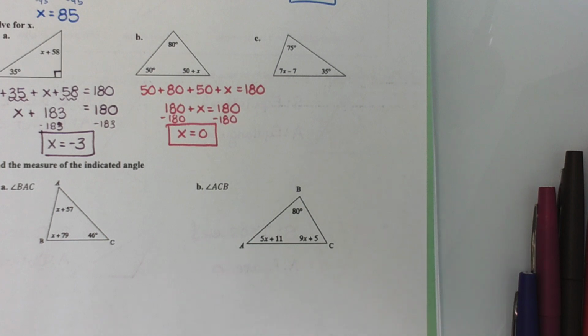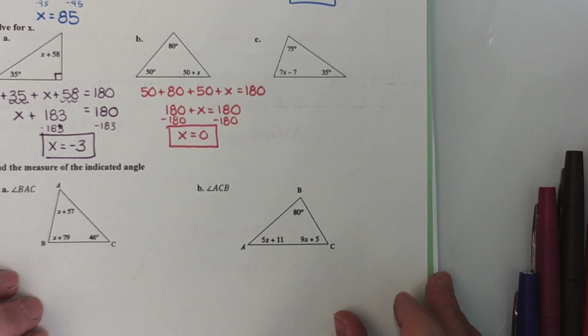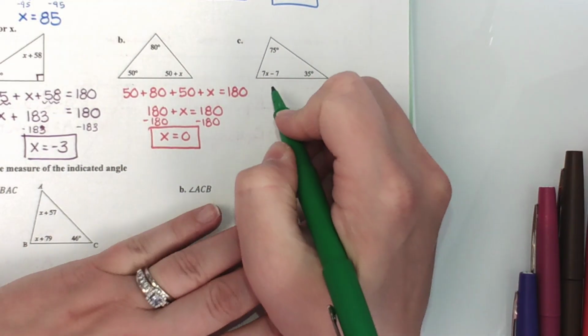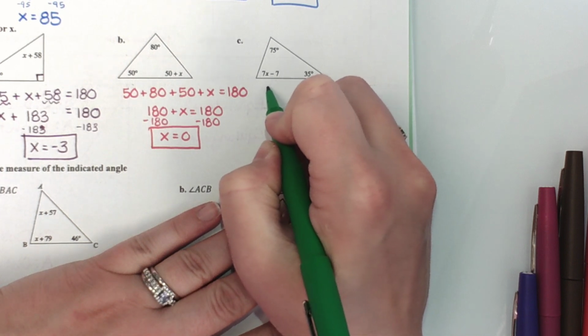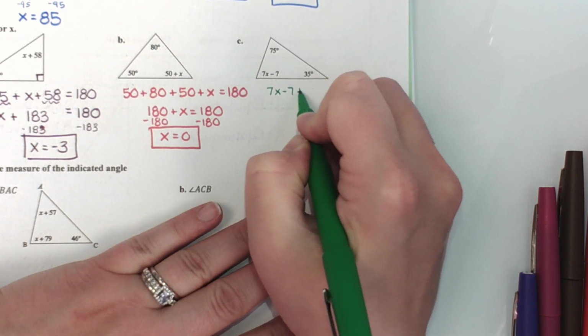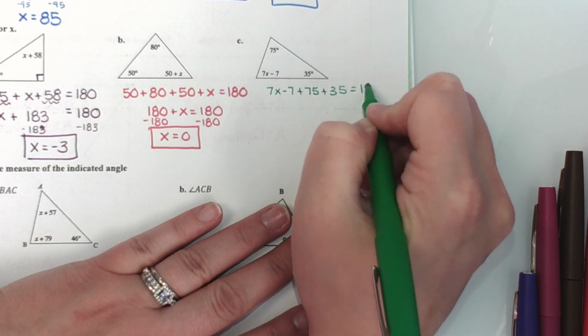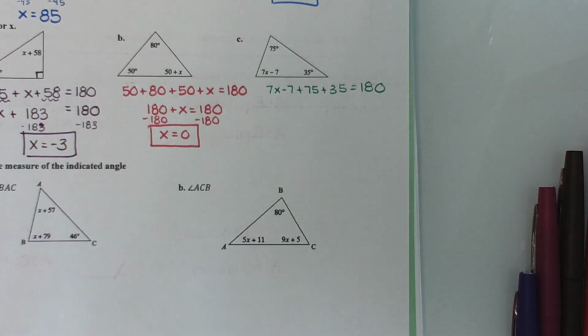Greta? How about the last one? Add the like terms. Tell me what to write. 7x minus 7 plus 75 plus 35 equals 180. You already told me what to do next. Combine my like terms.